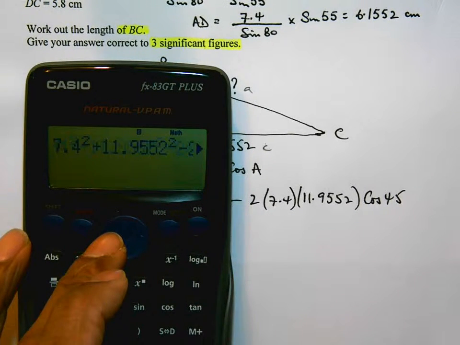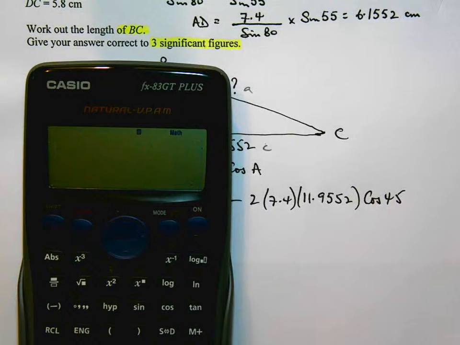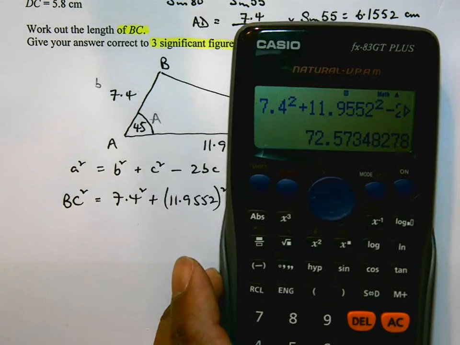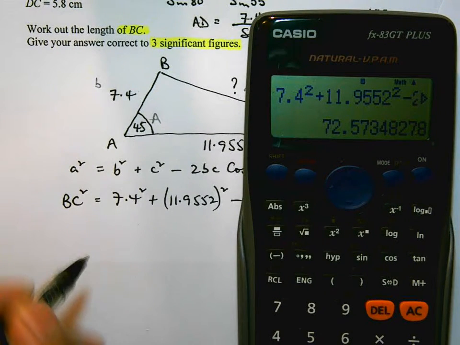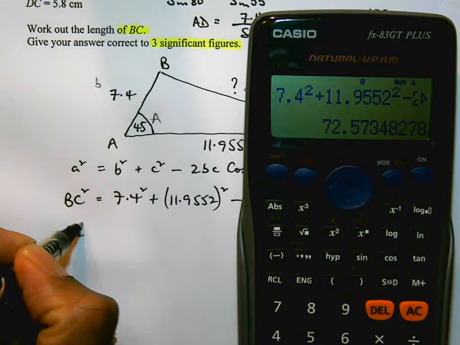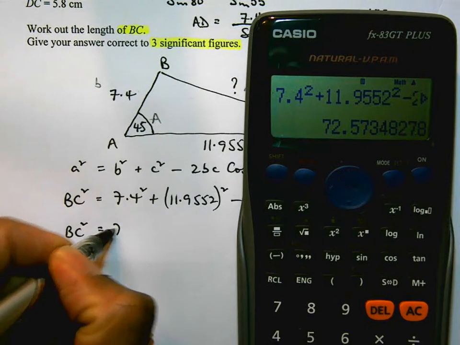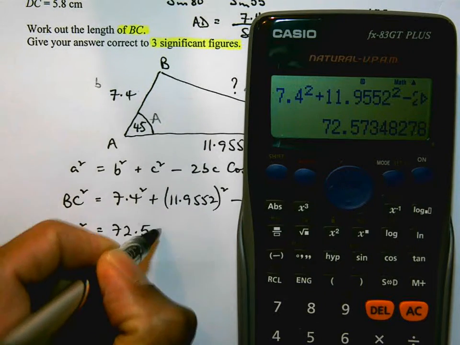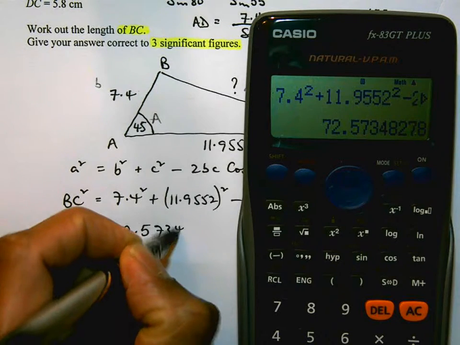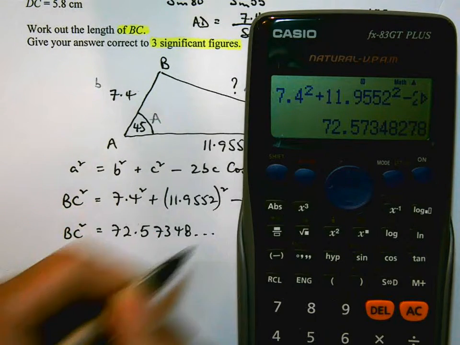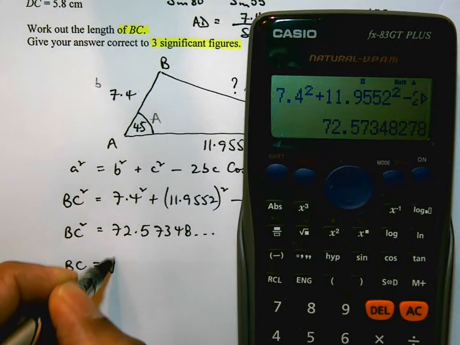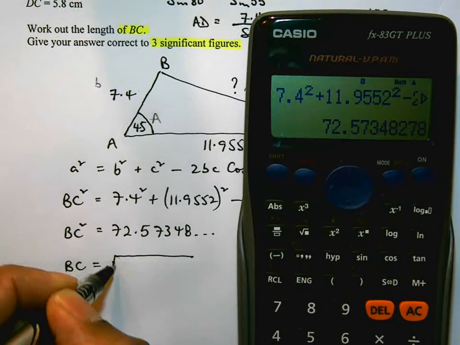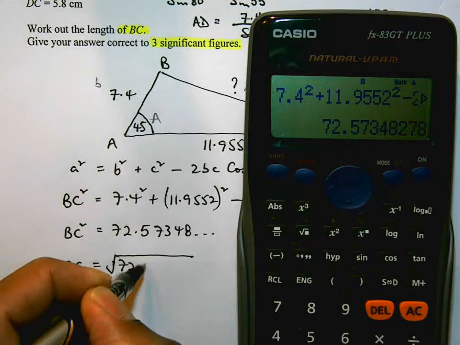Okay, I'm just going to look over what I've typed in just to make sure that it is all correct. Yes, it is. Pressing the equal sign, that gives me 72.5734. So BC squared is 72.57348, and so on. So BC is going to be the square root of that number.